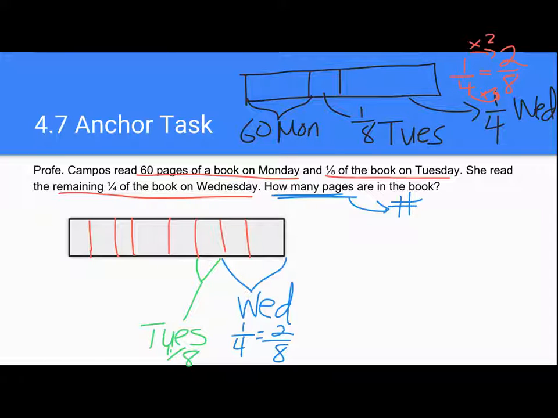That means the rest of this bar model is for Monday. I don't know what fraction Monday was, but I know that Monday was 60 pages. Well, wait a second. I have 5 boxes for Monday.